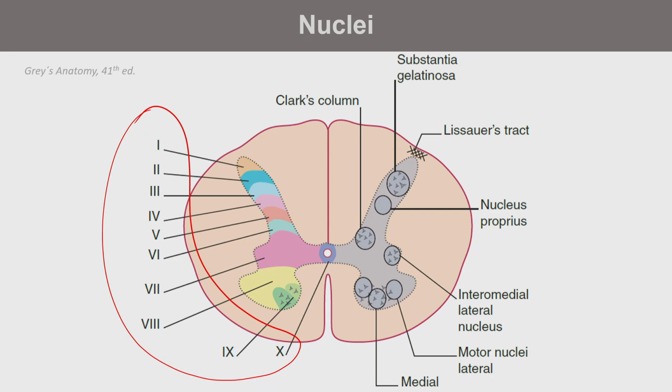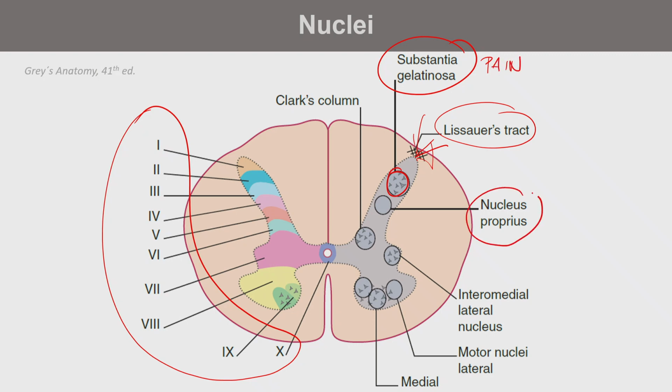So, this Lissauer tract, I have said, is a way of communication with the outside and also crossing with other segments. But then we have here, and please remember this, substantia gelatinosa, gelatinous substance, which is important for pain.